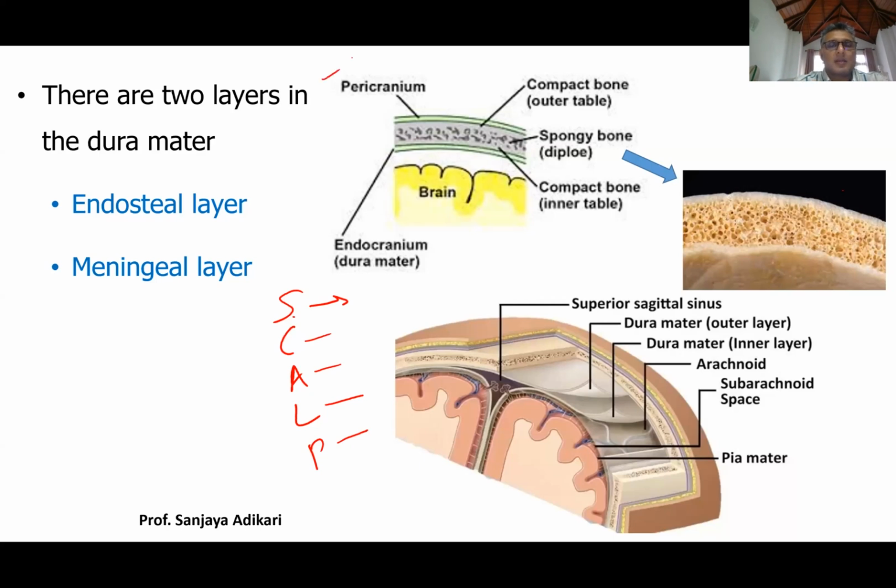Pericranium is this one. So if you receive a hard blow to your head and if you get bleeding, usually what you get is lacerations of the scalp.